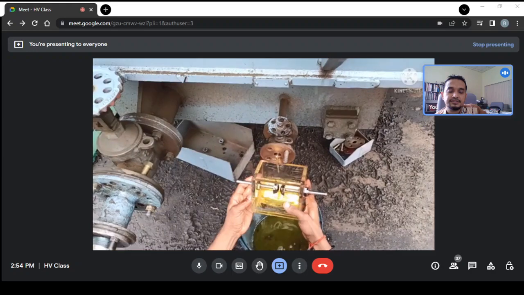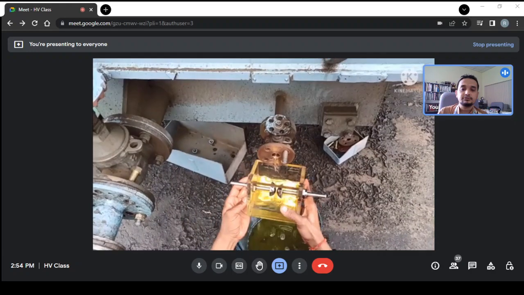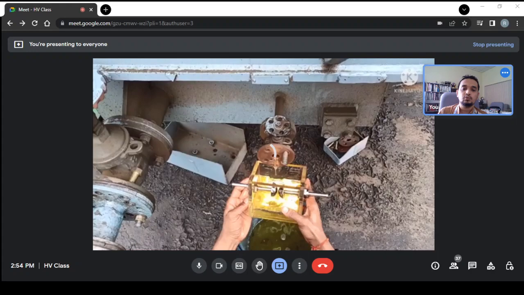This is the actual transformer, and this is what will happen in practice. Why transformer oil? Because transformer oil is a liquid insulation material, as we discussed before about the breakdown phenomena in liquid dielectrics. This is the backbone of the transformer.